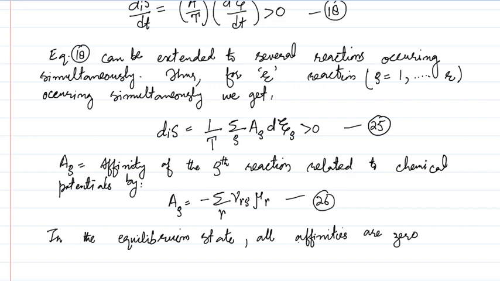So at equilibrium state these affinities will be 0, so we can write A1 will be simply equal to A2 will be simply equal to, up to A ρ, suppose, will be simply equal to 0. 27.